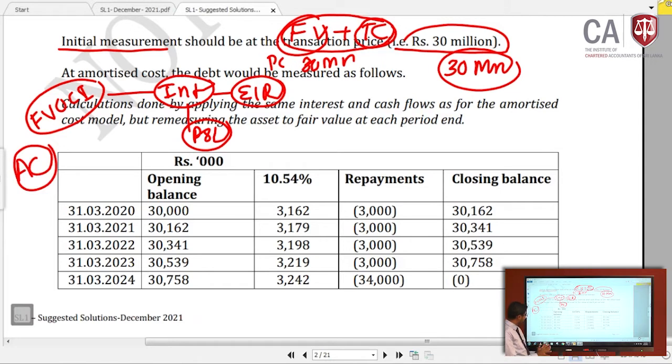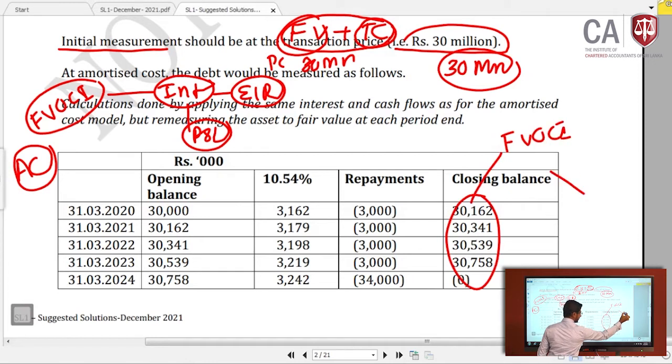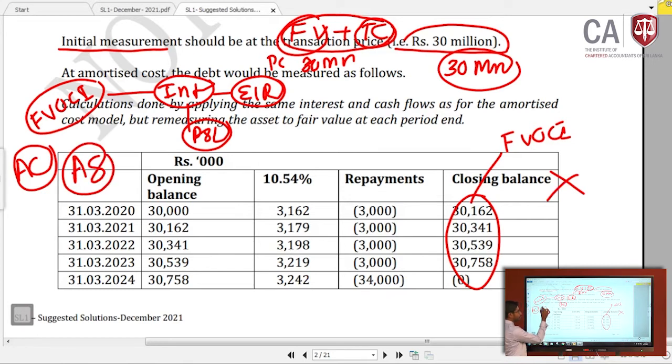The sole purpose of this schedule is to recognize the interest amount periodically to P&L, nothing else, because these balances are not reflected in the balance sheet for fair value through OCI.